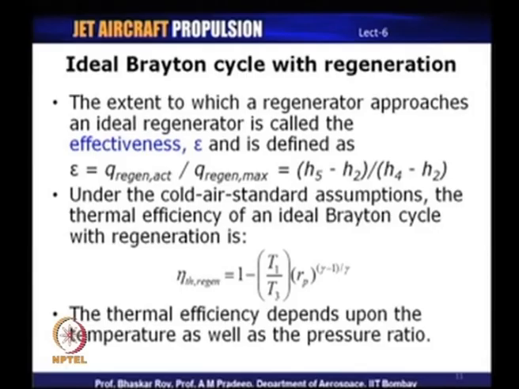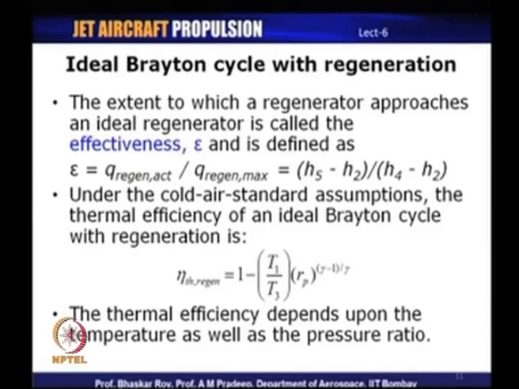Now, if you use the cold air standard assumptions, for the thermal efficiency of an ideal Brayton cycle with regeneration, we can derive an expression which is shown here. The thermal efficiency of a regenerating Brayton cycle is 1 minus T1 by T3 into r_p raised to gamma minus 1 by gamma.